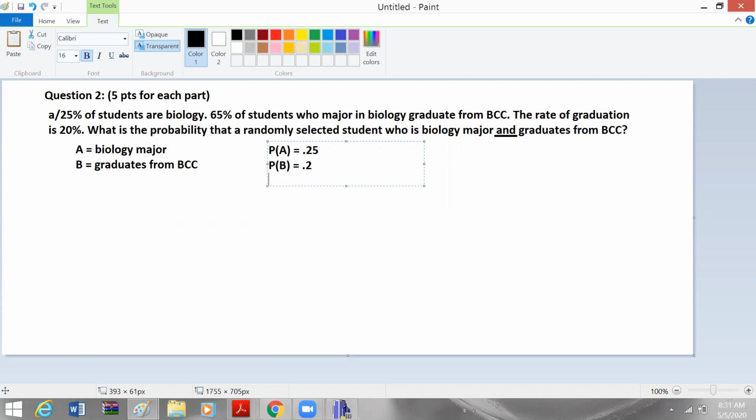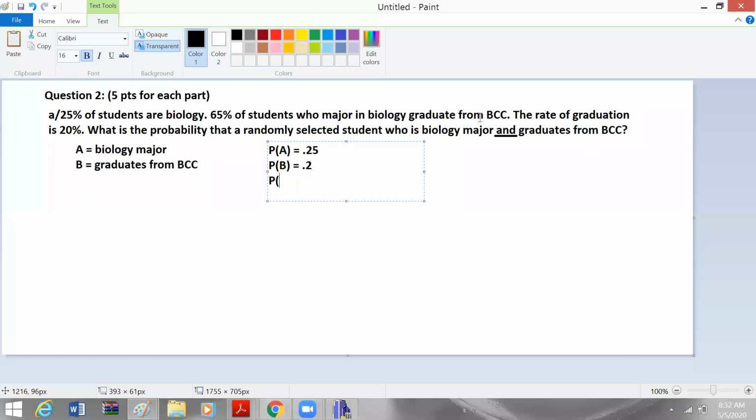Now we have to be really careful for part 3. The probability of 65% of students who major in biology graduate from BCC. What does that mean? 65% of students are coming from the students of biology, right? So this is the given.